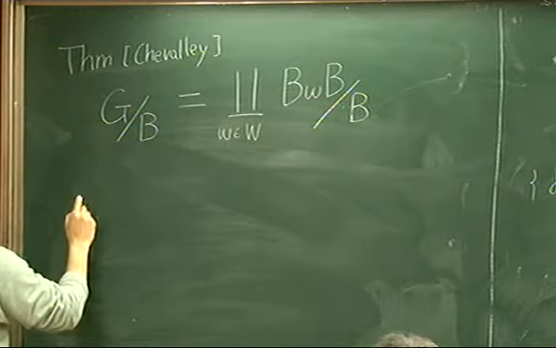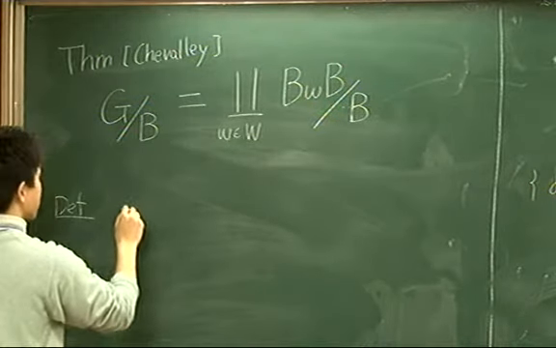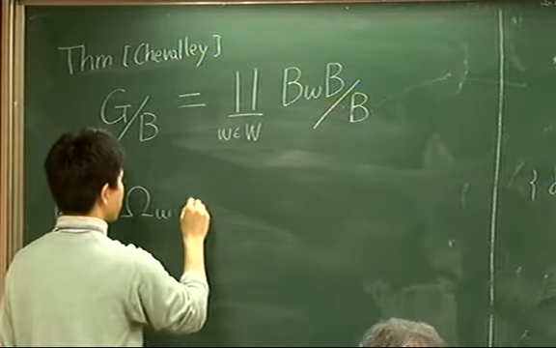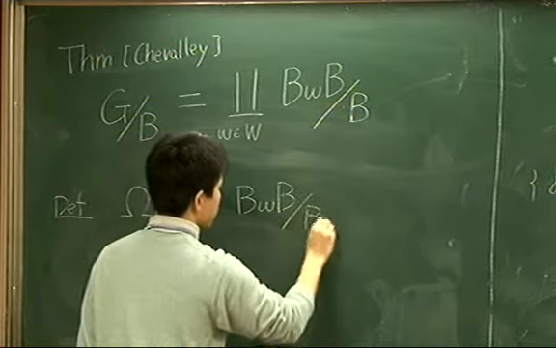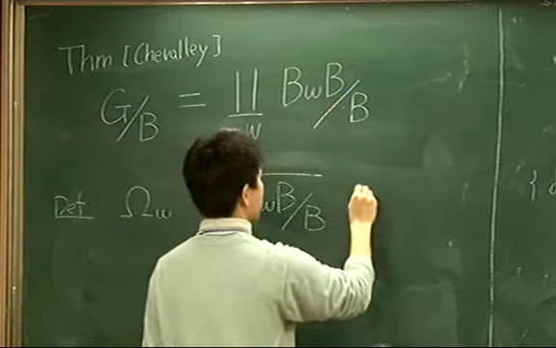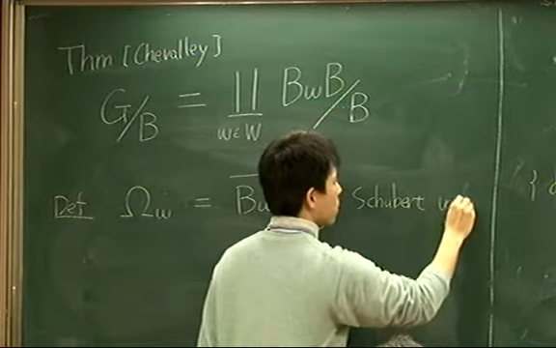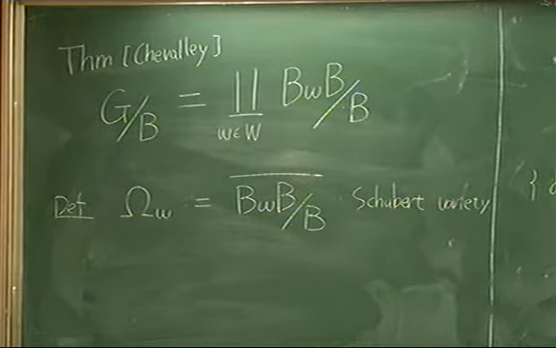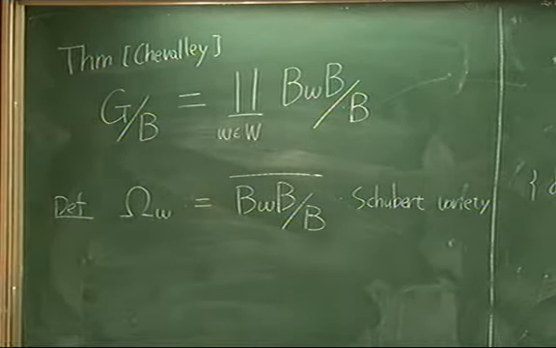So as a corollary, we can define the Schubert variety omega W as the closure of those cells. What does BWB mean?